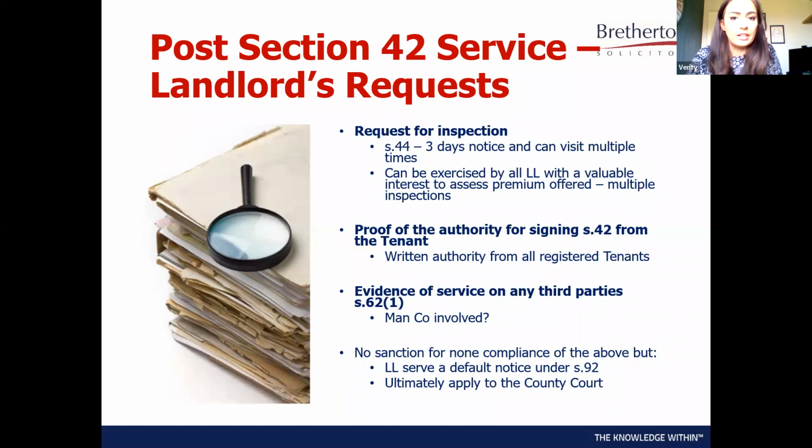The third likely request that you'll get is a request for inspection. This is obviously so the freeholder's valuer can go and inspect the property for the purposes of their valuation, so they can establish what they'll put forward in their counter notice. Under section 44 of the Act, they only have to give 3 days notice and can visit multiple times if necessary.